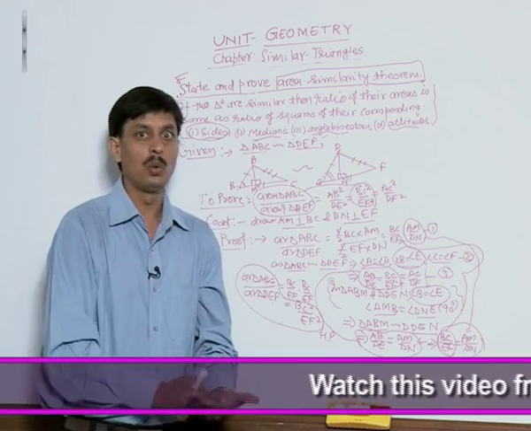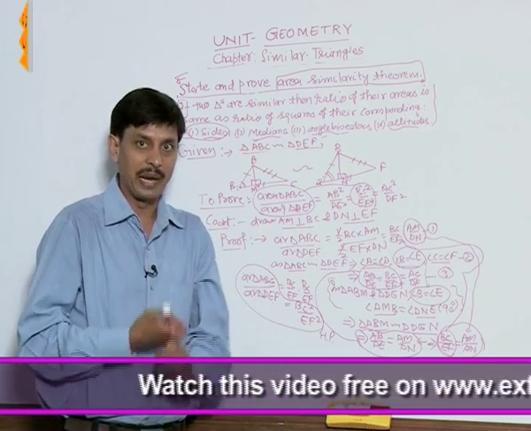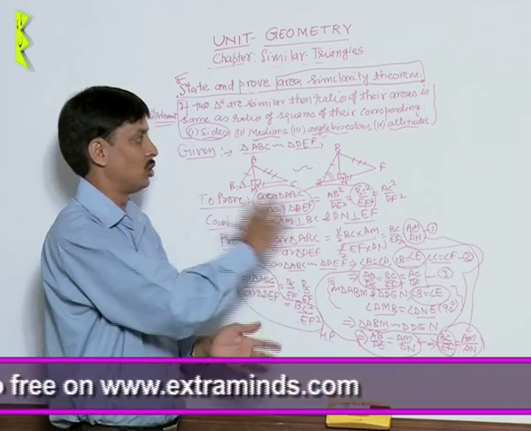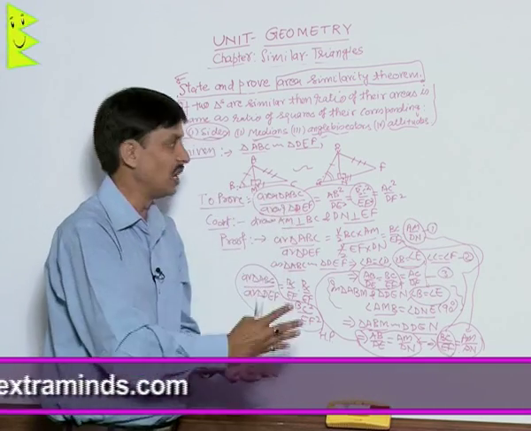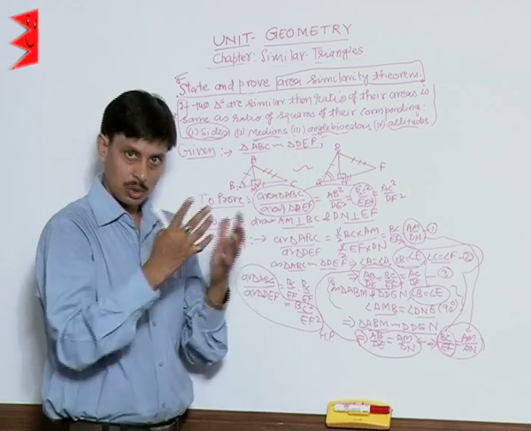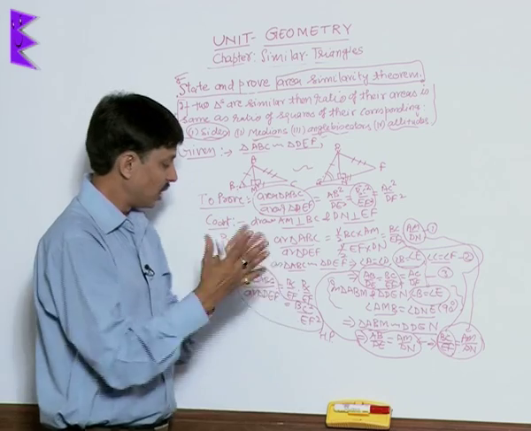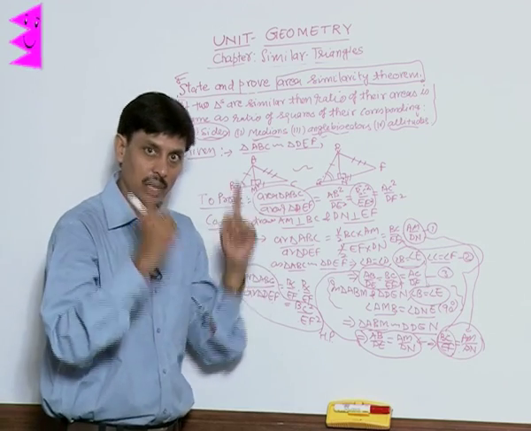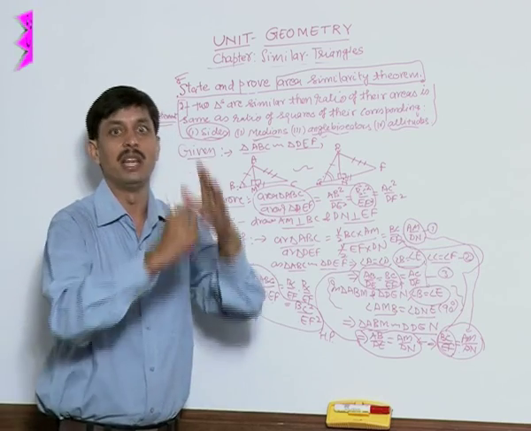You also have to remember that the ratio of perimeters of two similar triangles is the same as the ratio of sides, medians, angle bisectors and altitudes. So we can say even the ratio of areas of two triangles is the same as the ratio of squares of their perimeters.